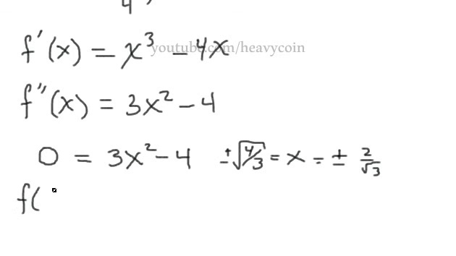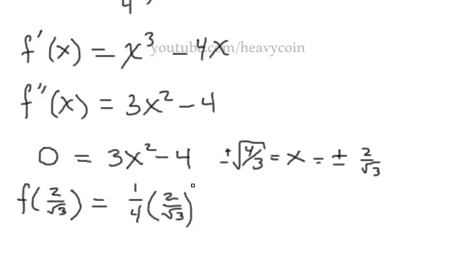So f of 2 over the square root of 3 is equal to, so we're plugging these back into the original. And that's to the 4th power minus 2 times 2 over the square root of 3, and that's squared.